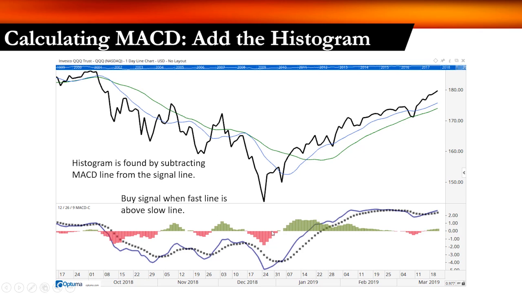Now you usually see it in terms of a histogram, and this charting style uses just red and green rectangles to show what the signal is. So red indicates a sell signal. Here we see the fast below the slow, so that's a sell signal, and that's all that's required to interpret and to calculate the MACD.